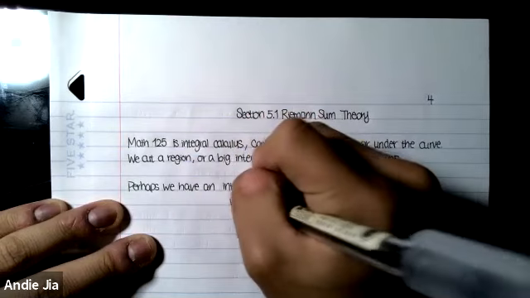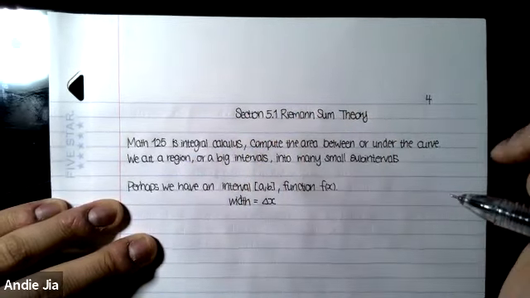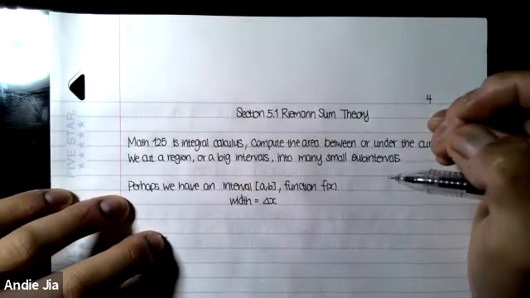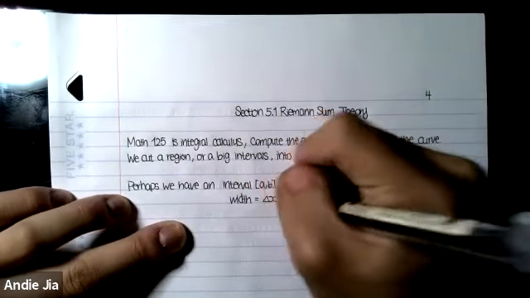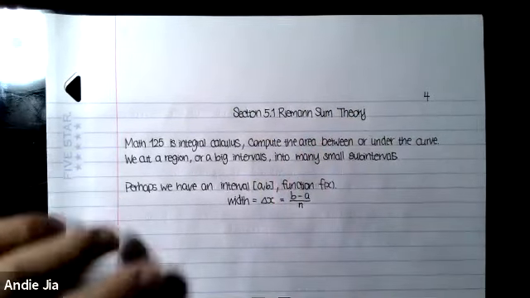So we have the width, it is delta x, and it is equal to b minus a over n.